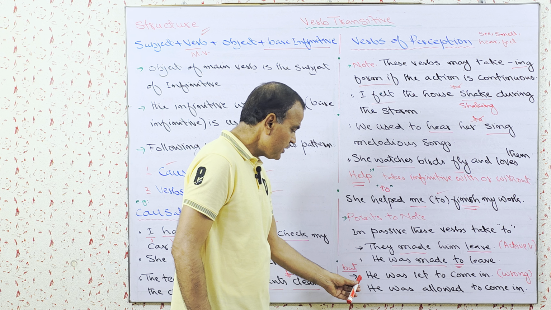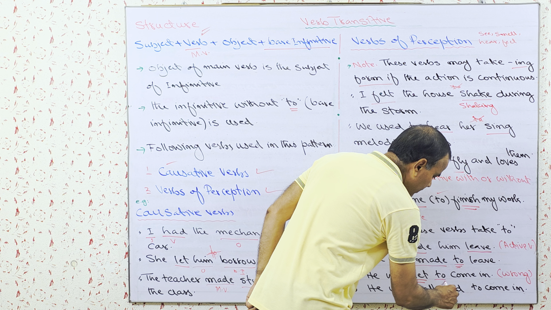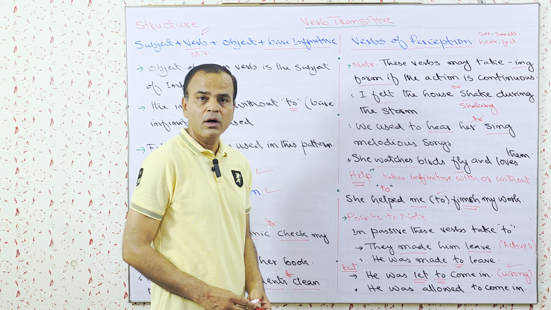That is, "He was let to come in." The sentence is wrong. Let is never used in passive voice, so there is no question of putting to before it. That's why the sentence is wrong.